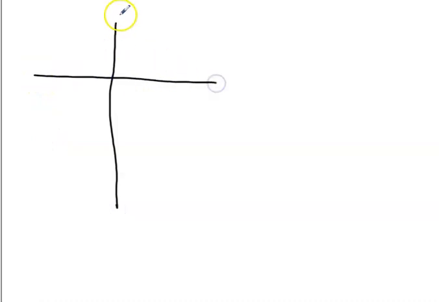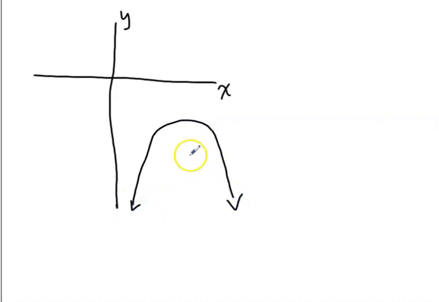Okay, so let's just summarize what we've learned so far about focus and directrix. Okay, we'll make ourselves an axis. And let's sketch a parabola here down in quadrant 4. And we'll call this the vertex.